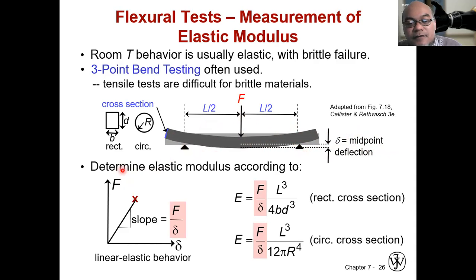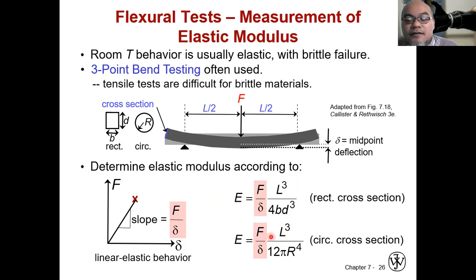The slope of F over delta, for a rectangular cross section, equals L cubed divided by 4 times B times D, where B is the width and D is the height.